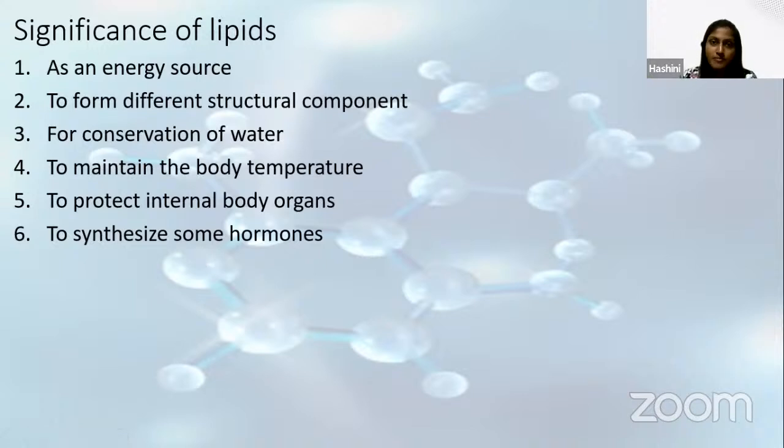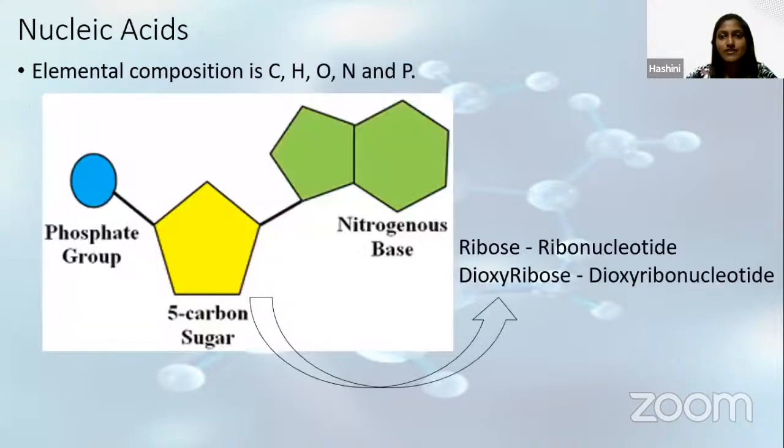Because of this lipid layer on our skin, warm-blooded animals like birds and mammals can regulate the body temperature and protect internal body organs, because this fat layer acts as a shock absorbent, right? So they can protect the internal body organs and synthesize some hormones. So these are the significance of lipids.